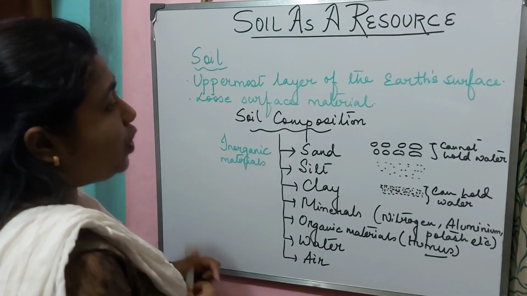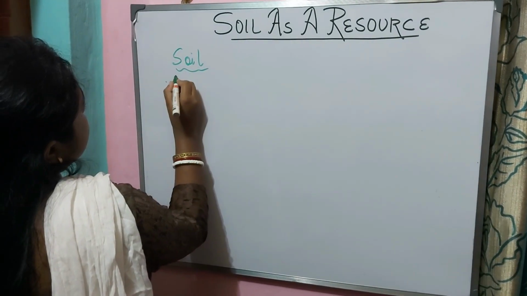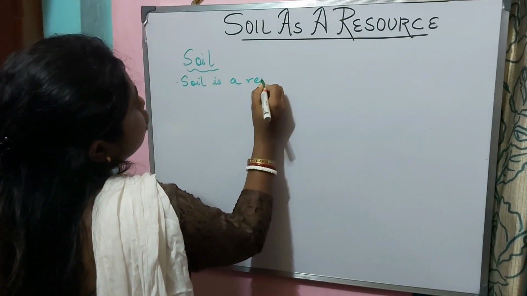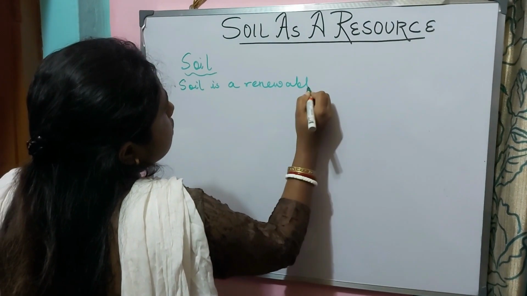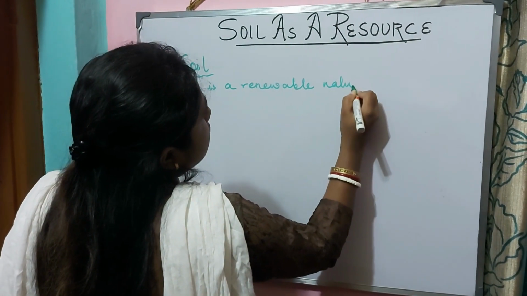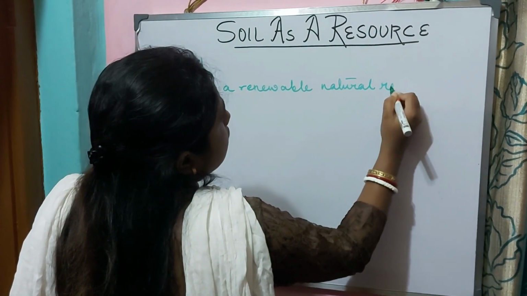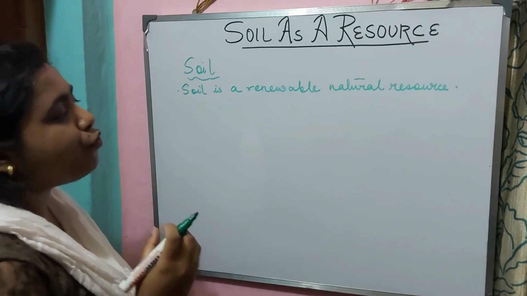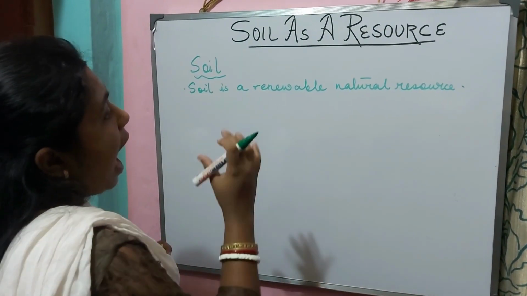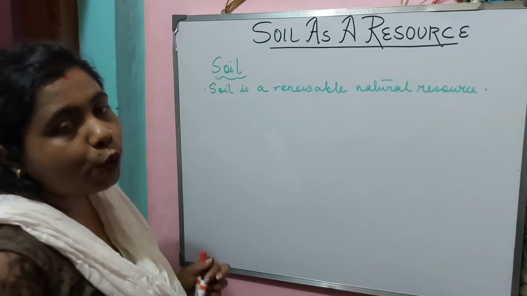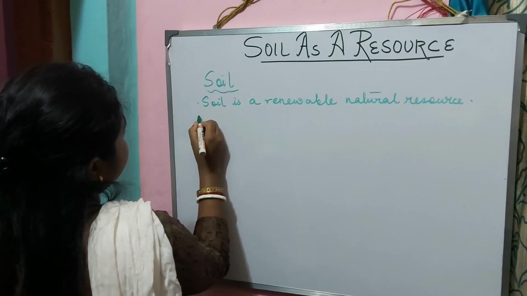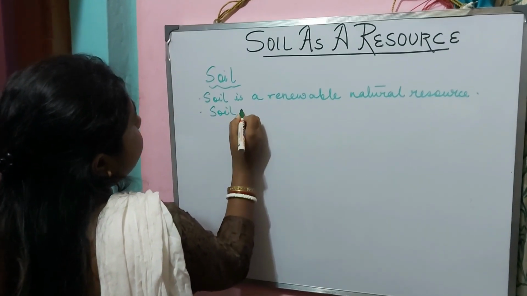Now, what are the other uses of soil? Soil is a renewable natural resource. It is a resource which forms naturally in nature, and every year it gets renewed. That is why we say that soil is a renewable natural resource. Soil is a living system.